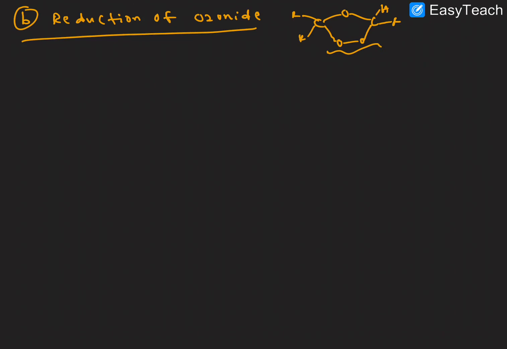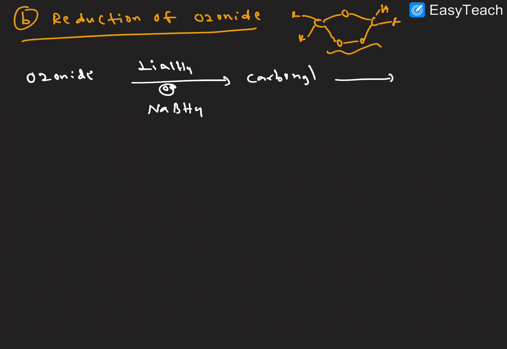So this is the ozonide. Generally in reduction reactions, we take ozonide, and it reacts with lithium aluminum hydride, or we can use sodium borohydride. First this gives carbonyl compounds, and then reduction takes place again, and it is converted into alcohols, right?